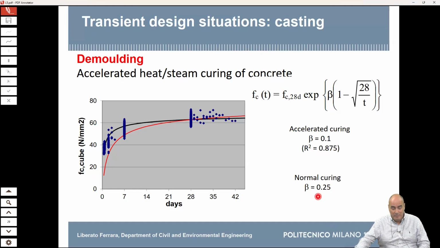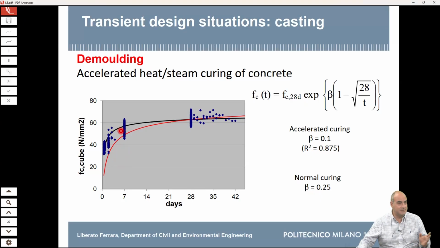This factor beta is taken equal to 0.25 in the case of normally cured concrete. With accelerated steam curing, compared to the red curve, all our data points are higher. We have a faster strength gain in the early ages.